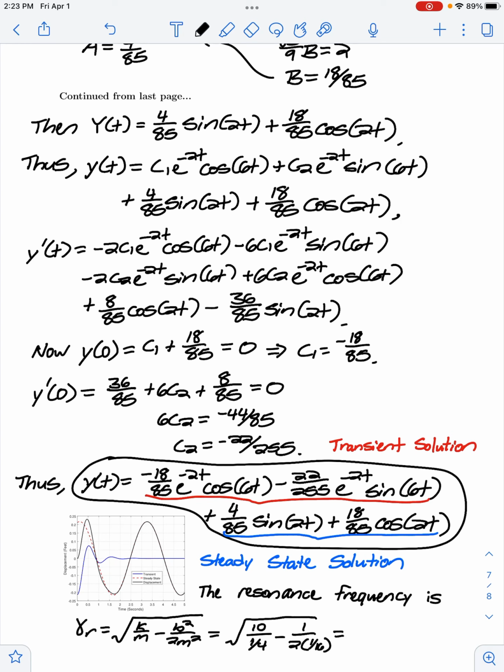And so this simplifies to the square root of 32, or 4 times the square root of 2. So in order to see the largest amplitude in my steady state solution, I would want to apply a forcing function whose frequency is 4√2.